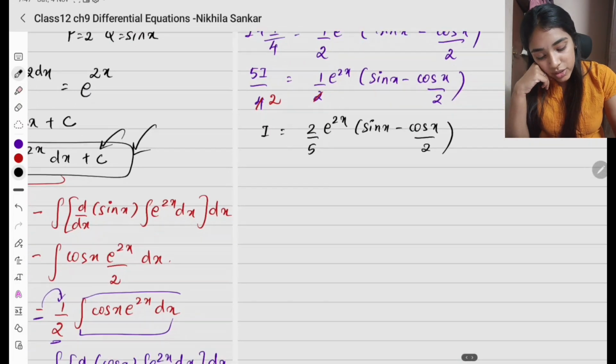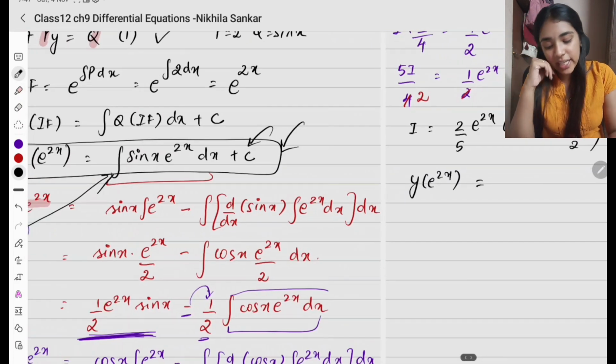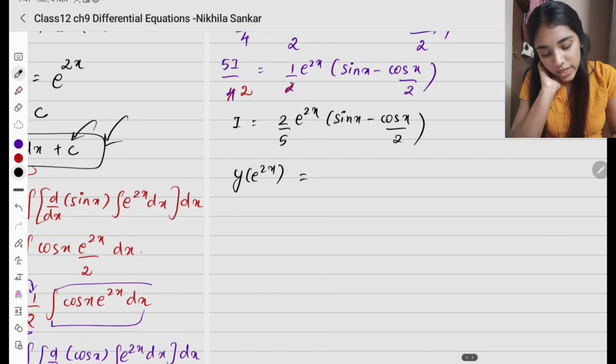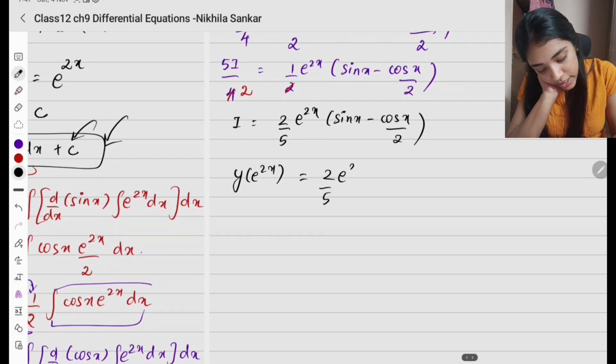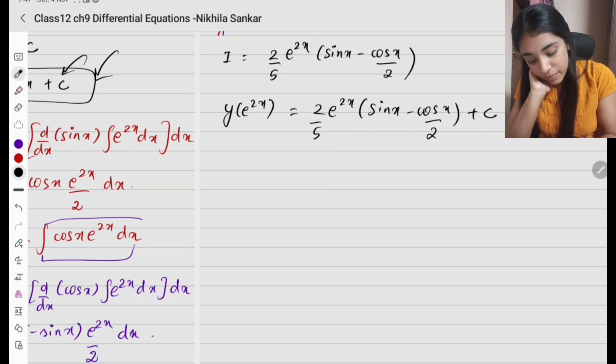So I have y into e to the 2x equals integration of sin x e to the 2x, which I named as I, with this arrow mark. So I have 2 by 5 e to the 2x times sin x minus cos x divided by 2 plus c. Now I'm dividing the whole equation by e to the 2x.